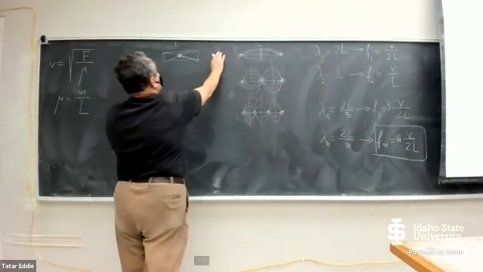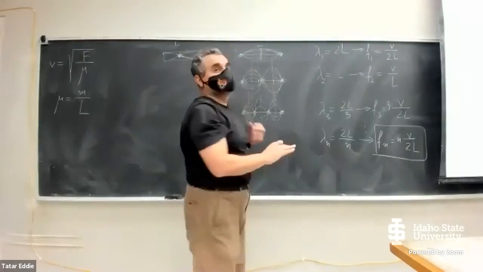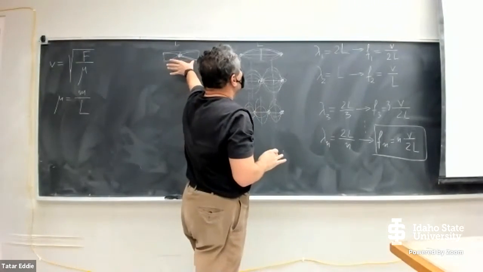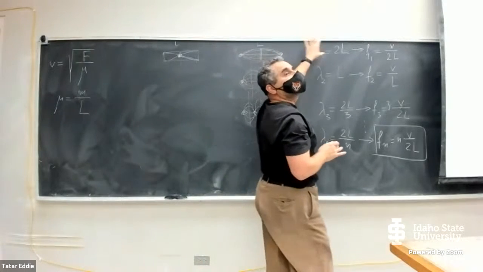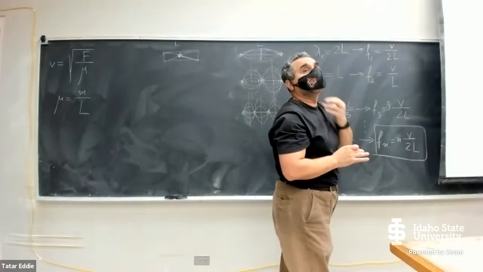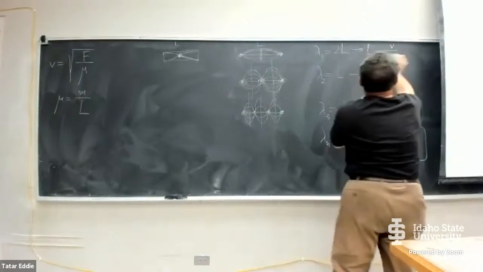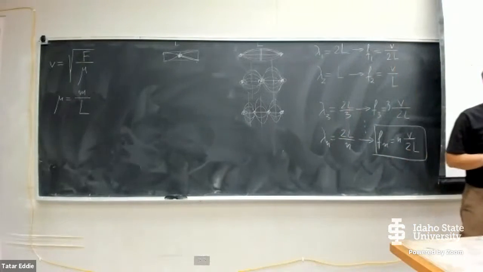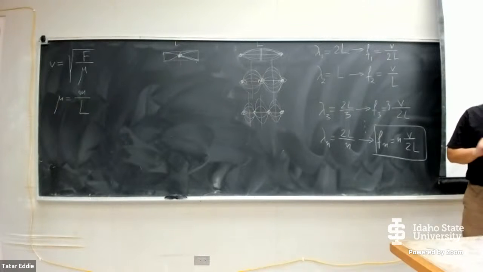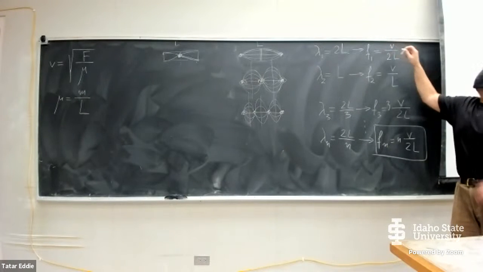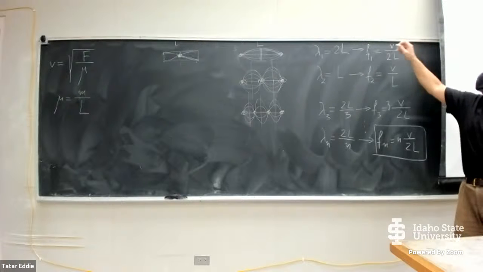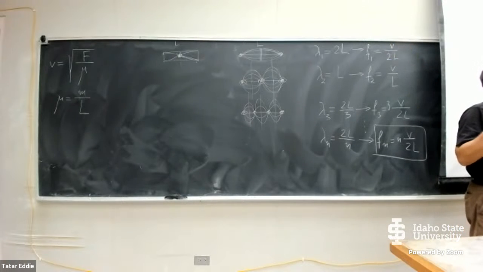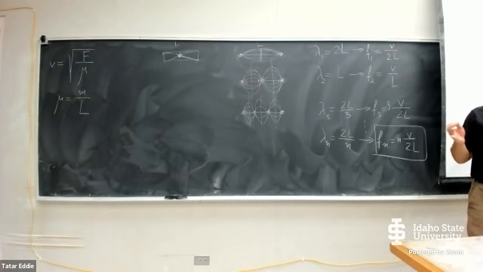In other words, the wavelength of sound in this pipe with two open ends is exactly equal to twice the length of the pipe. And the corresponding frequency is given by the same expression. Here, the speed of the wave v is the speed of sound in air.